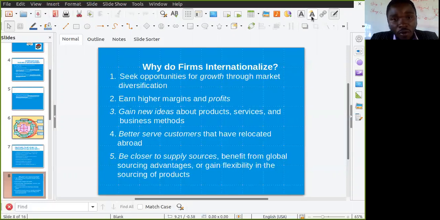Point number 5, why firms go international. To be closer to supply sources, benefit from global sourcing advantages, or gain flexibility in the sourcing of products.